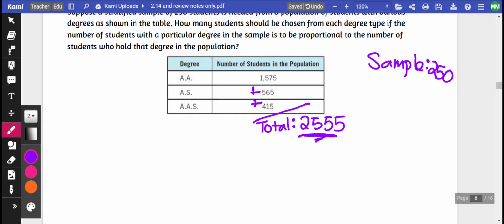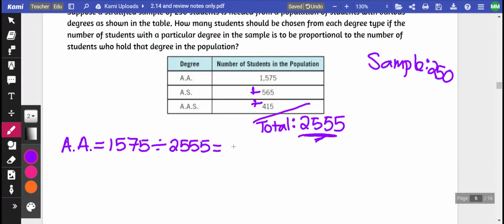What I'm going to do is find out for the AA major, which is probably the Associate of Arts, what proportion of the population is that major. So I'm going to take 1,575 out of the total, 2,555.